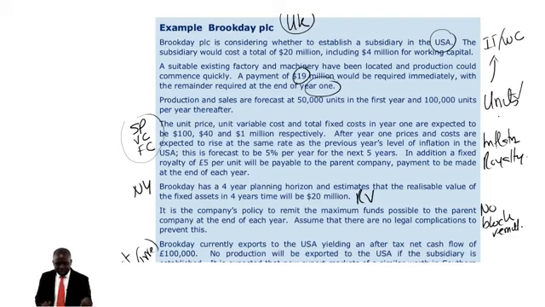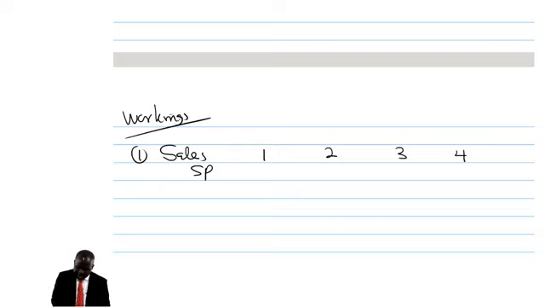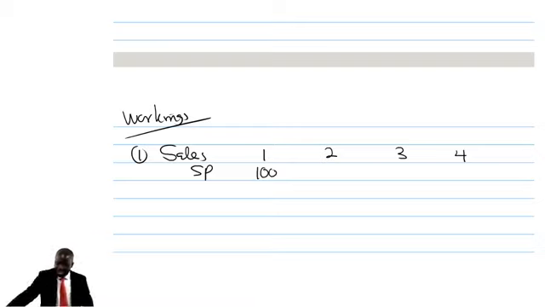It said the unit price, unit variable cost, and total fixed cost in year one are expected to be 100. So year one, the selling price is expected to be 100, and they told us that it's going to increase by 5%. So what will be my calculation? Selling price in year one is 100 and is subject to inflation of 5%.